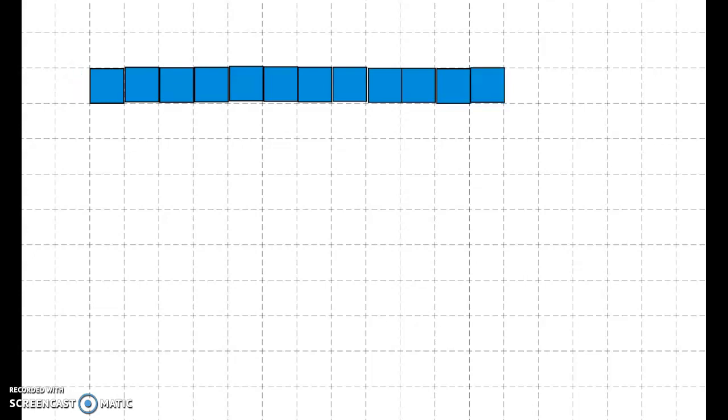We have one row over here. And we have 1, 2, 3, 4, 5, 6, 7, 8, 9, 10, 11, 12 columns. So this rectangle is a 1 by 12. 1 row by 12 tiles or 12 columns.